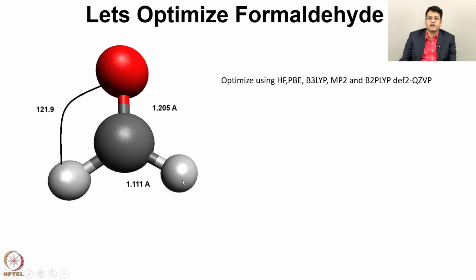Let us see how the performance is if I optimize it using different methods. We are going to optimize using Hartree-Fock, 2 DFT functionals, one GGA, that is PBE, and one hybrid, B3LYP, then MP2, and of course one of the double hybrids, and we are going to use the def2-QZVPP basis set for our calculation. So, let us try one by one.